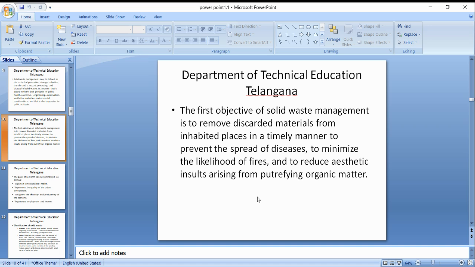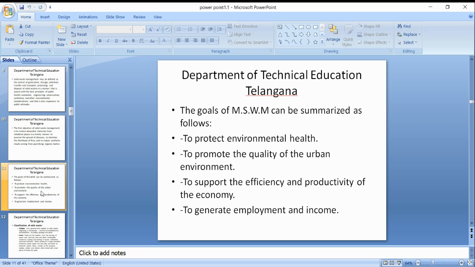If you keep it like that, the material will get putrefied, create a bad smell and decompose. So it should be thoroughly discarded from that place.